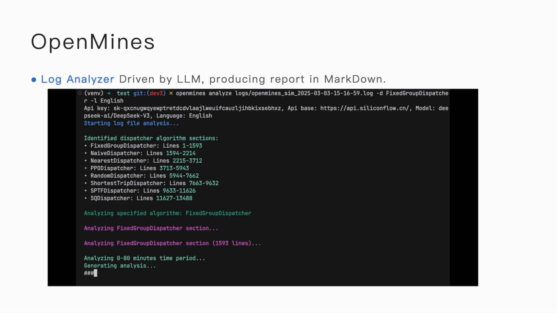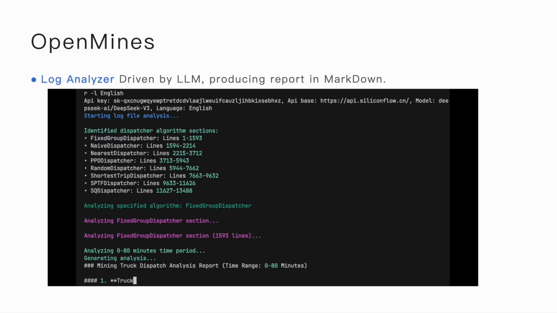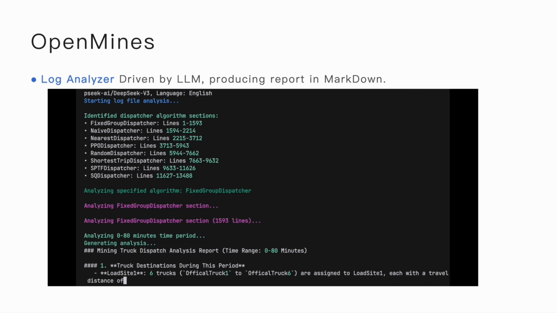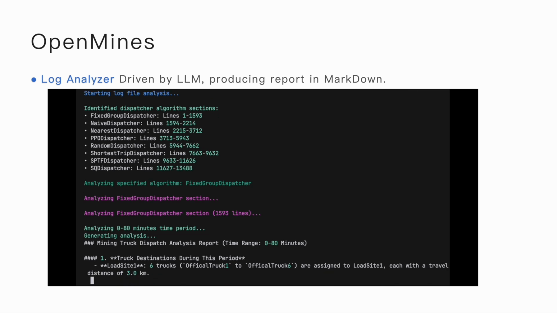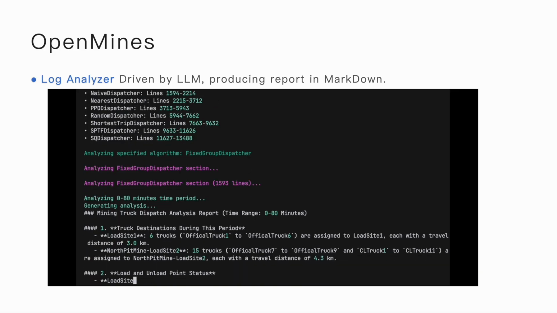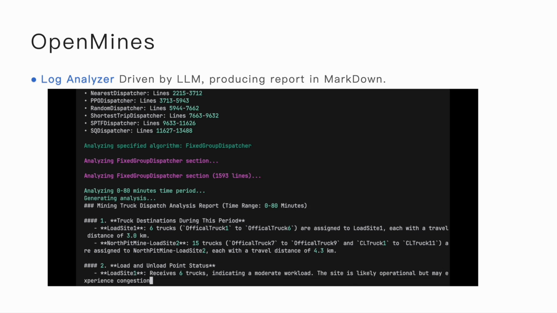Then it will generate a report in the format of Markdown. It describes how well your dispatcher is performing and where the problem probably is. It usually takes minutes to describe your problem.